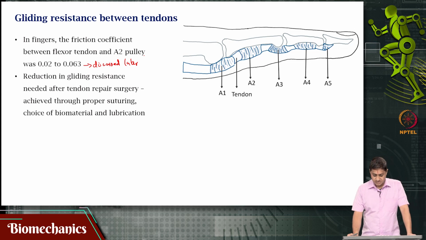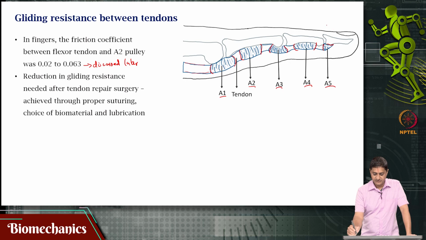What is shown here is the tendon of the fingers, and these are the various pulleys through which the tendon glides, through which the tendon traverses. These are called the A1 pulley, A2 pulley, A3 pulley, A4 pulley and A5 pulley.